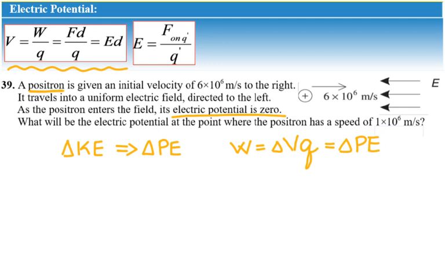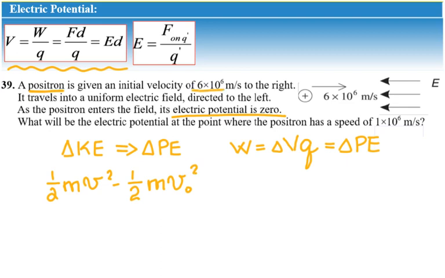So the work done to slow down the positron takes away kinetic energy but gives potential energy. So the change in kinetic energy is equal to one half the mass of the electron times the final velocity squared, minus one half the mass times the initial velocity squared.